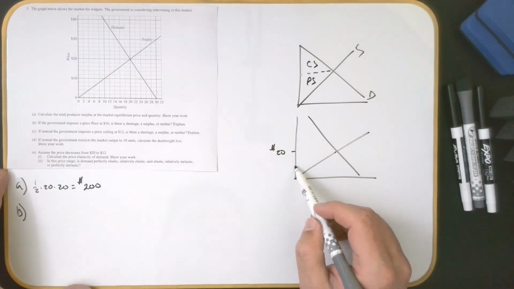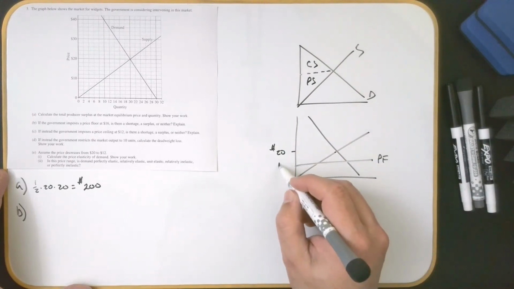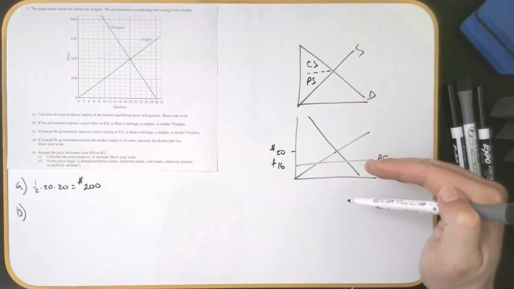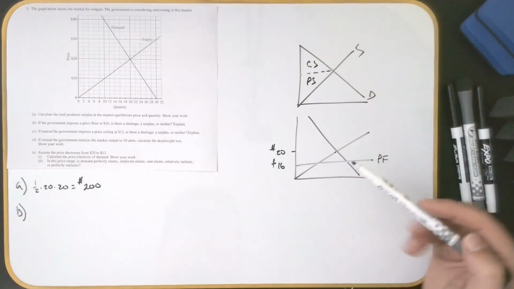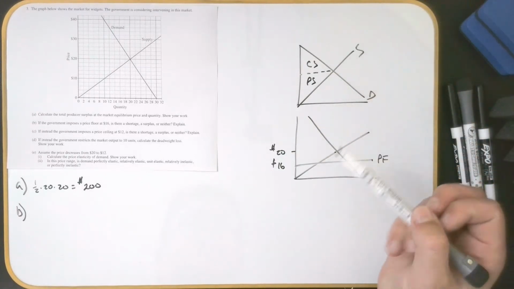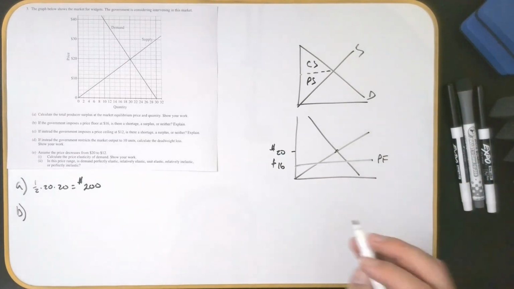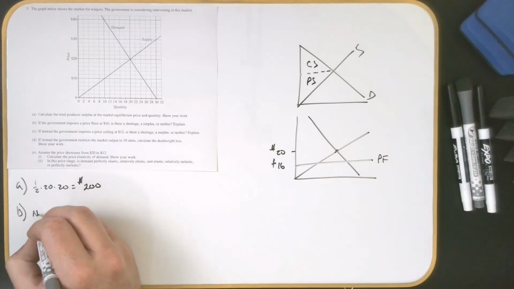Well, that's going to be down here. Well, if we put in a price floor that's at $16, remember the rule. The rule is if a floor looks like a floor, it has no effect. A floor would have to look like a ceiling. So what's going to happen is as the price drops, it's going to stop here at 20. This price floor below equilibrium has no effect. And so our answer is going to be neither.